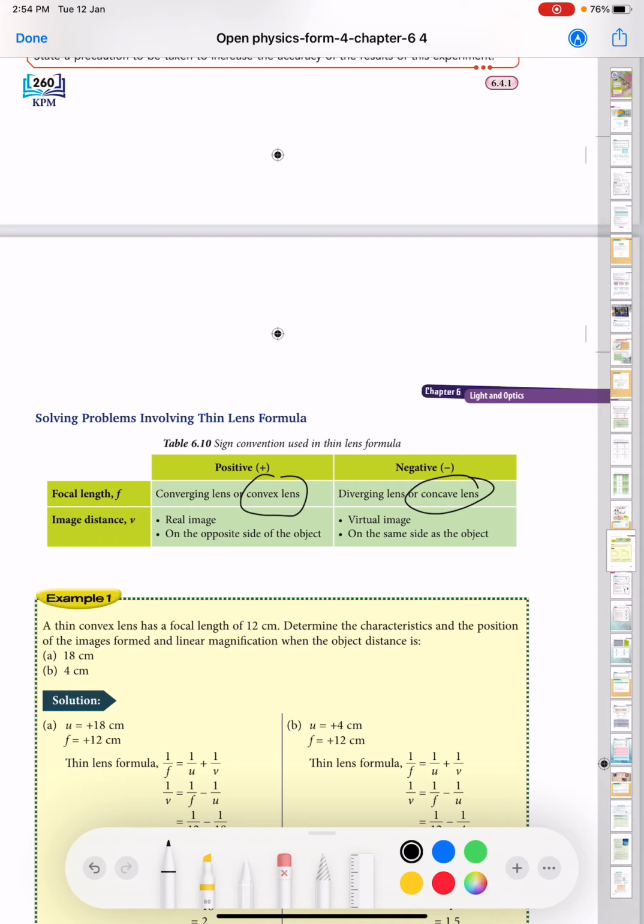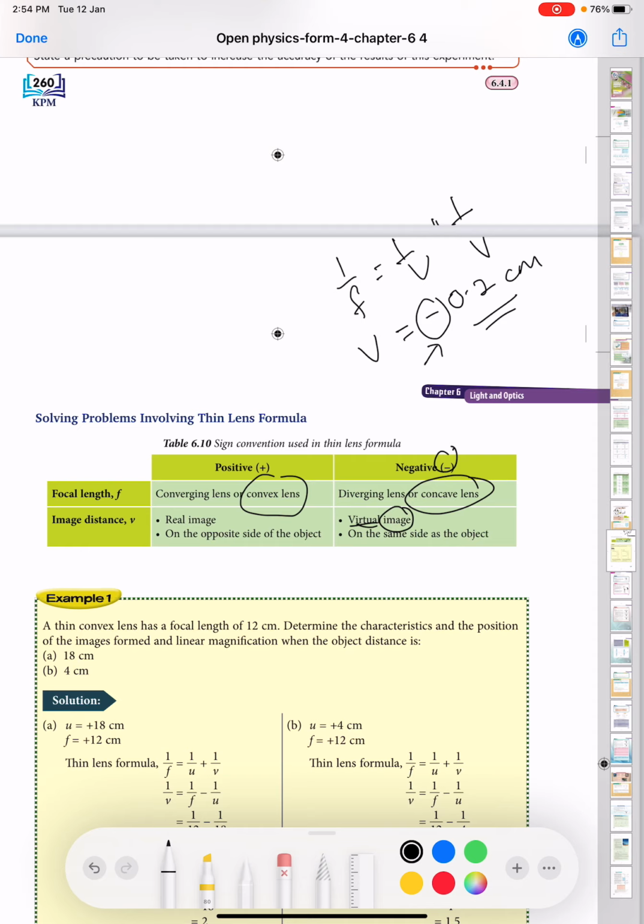When you do the calculation with 1 over f, 1 over u, plus 1 over v, and the question asks for v, let's say you got an answer of negative 0.2 cm. If you got a negative value, that means your image is virtual.